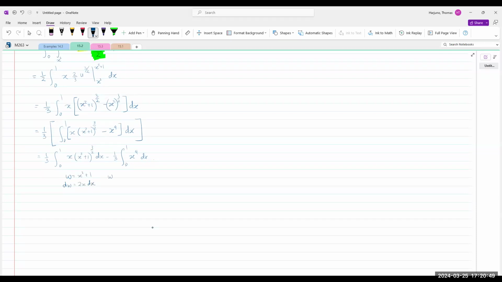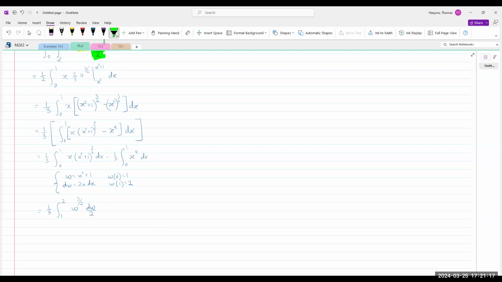And w at 0 is 1, w at 1 is 2. In other words, the first integral becomes 1/3 integral from 1 to 2 of w to the 3/2 dw over 2, right?